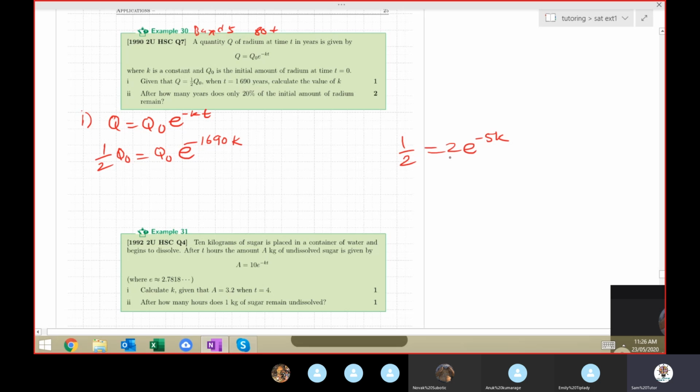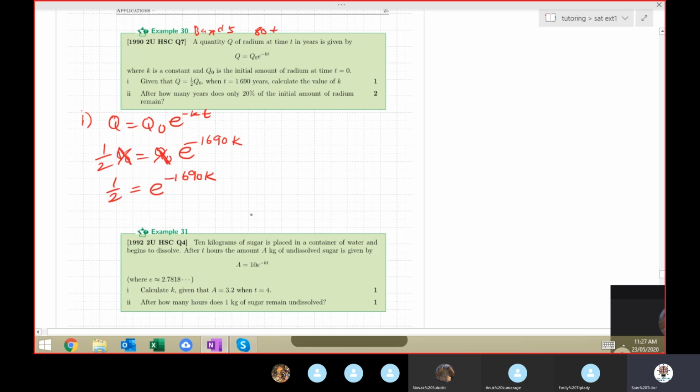You're trying to solve for K, you get rid of the 2 first by dividing it. So exactly the same logic. You would get rid of your Q naught by dividing it, and then it disappears, as it should, because you want to solve for K. You're left with a half equals e to the negative 1690K.